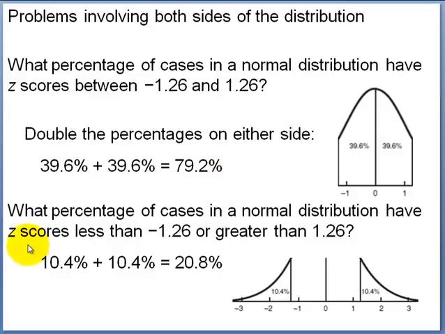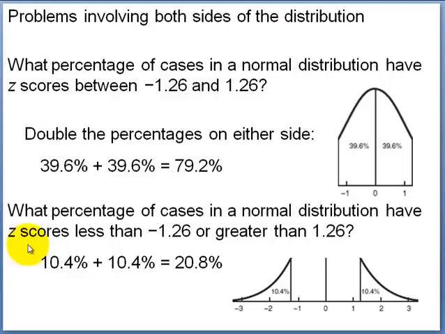And then the question at the bottom of the slide is asking basically about the tails of the distribution. So it's saying, what percentage of cases have z-scores either lower than minus 1.26 or greater than 1.26?